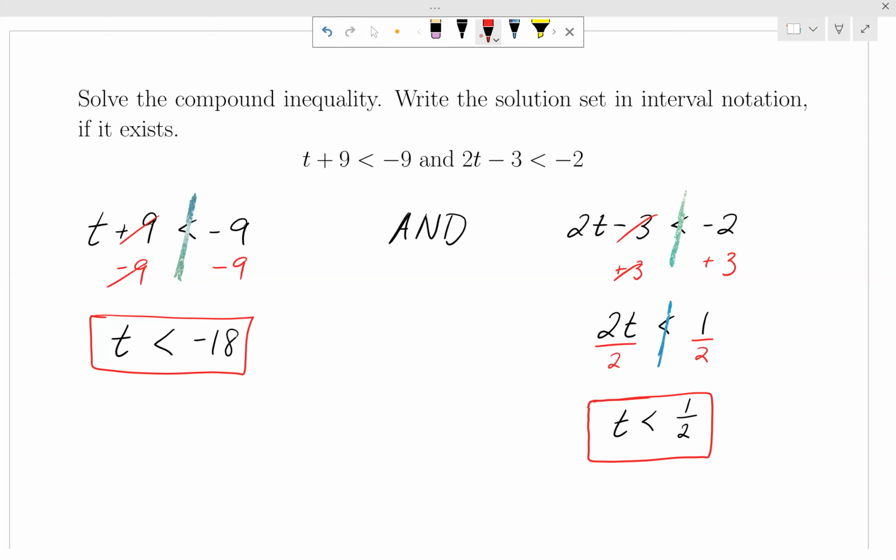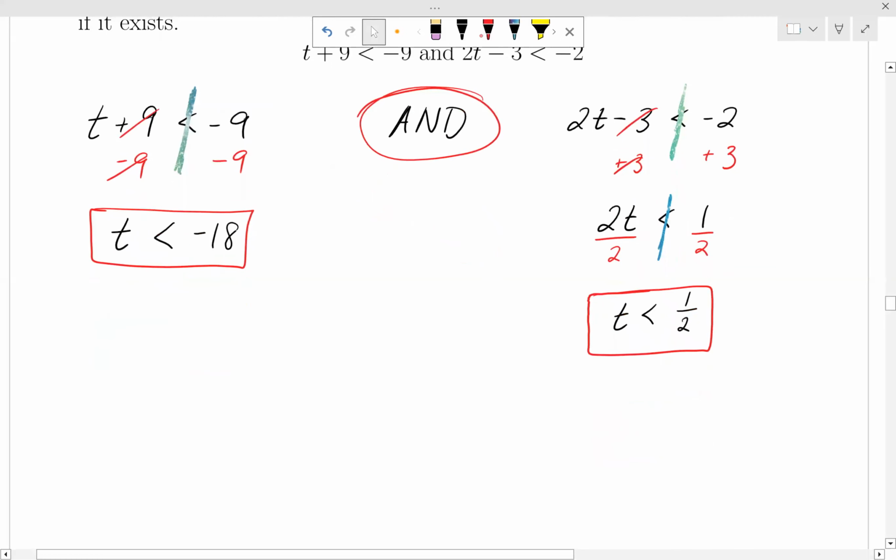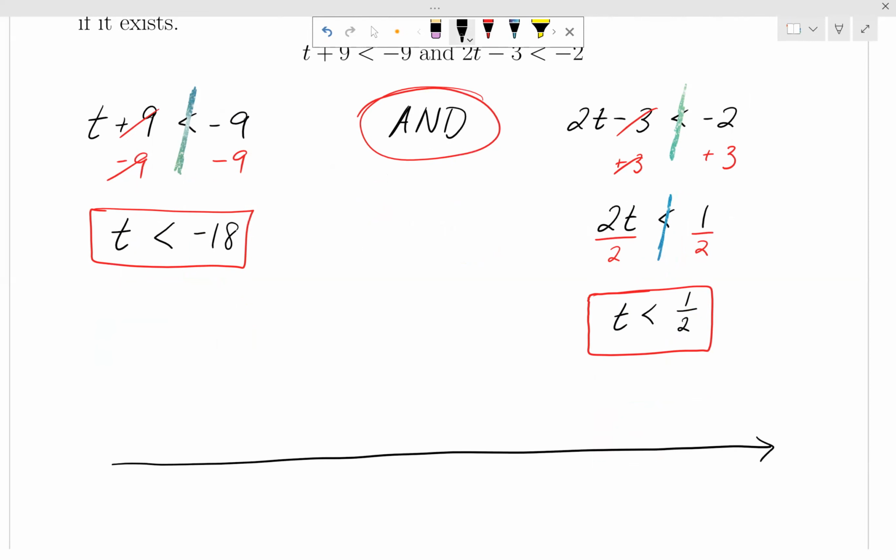All right, so now I have two things. I have t less than negative 18 and t less than 1/2. So the best way to look at these is to look at a number line. I'm going to draw my little number line here. So I have negative 18 here. I have 0 and I have 1/2.